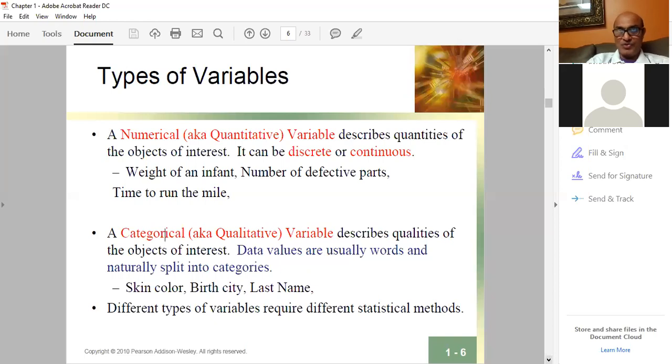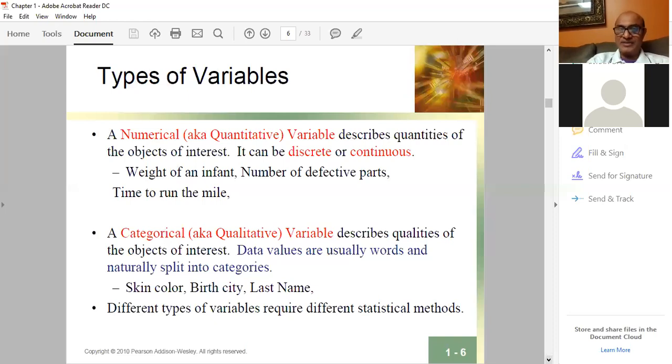Time to run a mile. Suppose you want to run 1 mile. Sometimes it takes, I would say, 3 minutes and 2 seconds, 3 minutes 20 seconds, 2 minutes 59 seconds, something like that. So it's continuous data. So it could be discrete, it could be continuous.